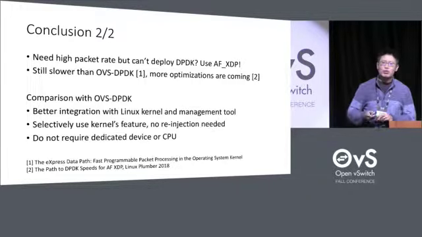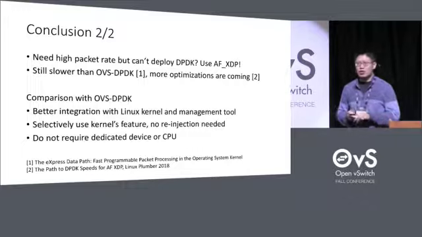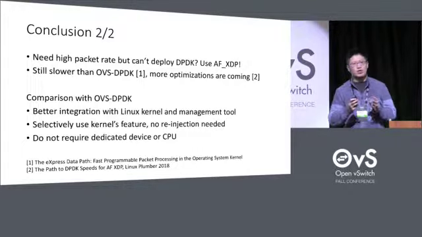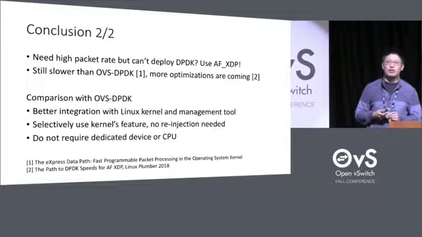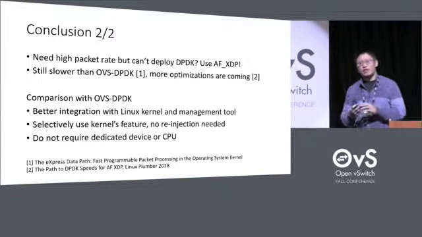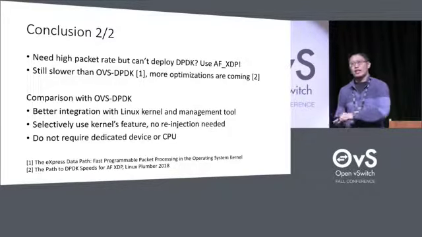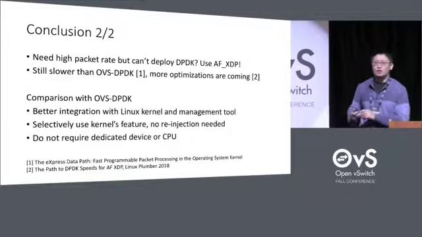Because there is an XDP program inside the kernel, you can say that for this set of packets, I want to use the AF_XDP fast channel to the user space. For another set of packets, I can still keep them in the kernel and do the rest of the processing using the kernel stack.